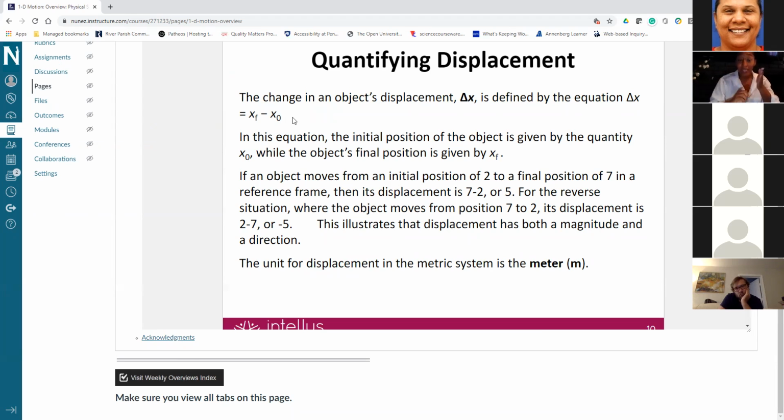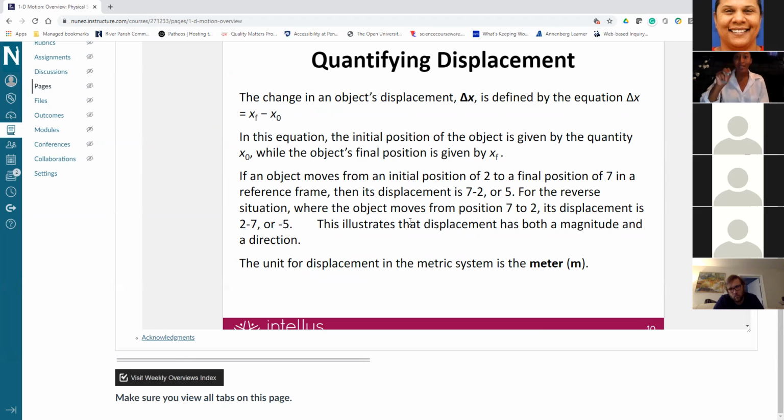All right. So they give an example here. It says, if an object moves from an initial position of 2 to a final position of 7 in a reference frame, then its displacement is 7 minus 2, or 5. For the reverse situation, this is very important, because when you're finding displacement you have to be careful, since it says x final minus x initial.